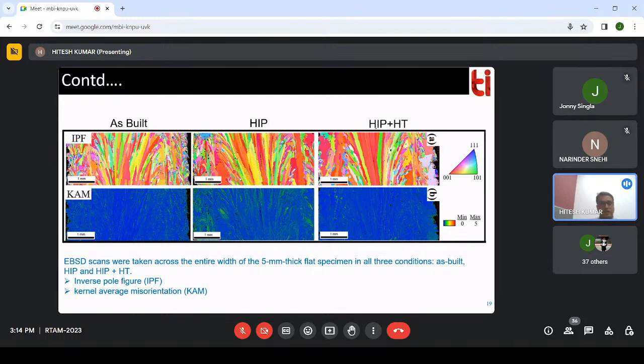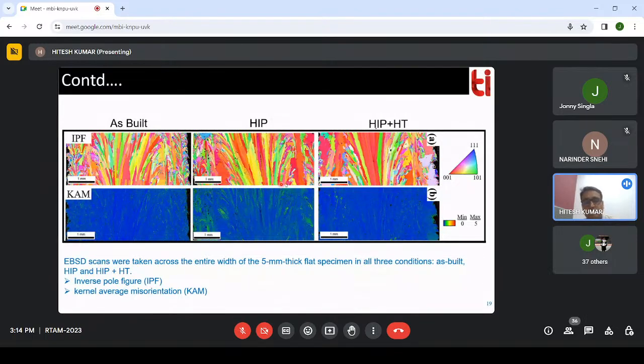You can also see the unindexed points. These black points could not be identified with EBSD, either because they are highly disordered or because of polishing problems.